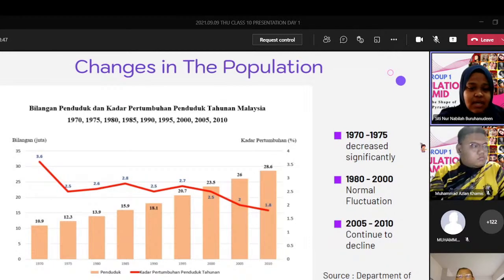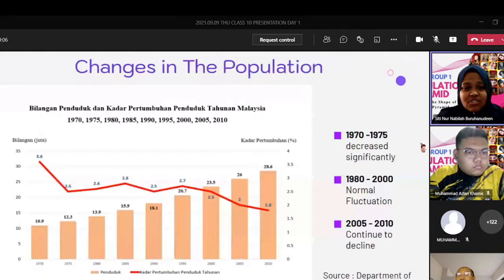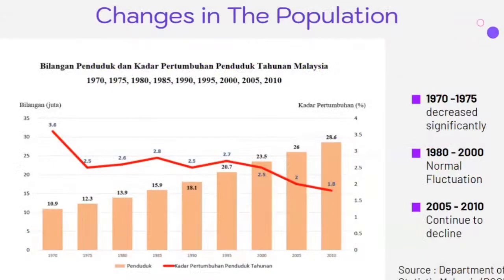First, we look at 1970 to 1975. The population increased, but the population growth rate decreased significantly from 3.6% to 2.5%. According to the book The Population of Malaysia, published by the Institute of Southeast Asian Studies, the decline that occurred around 1970 to 1980 was due to the racial riot on 30 May 1969, which resulted in the movement of non-Bumiputera to Singapore and other countries.